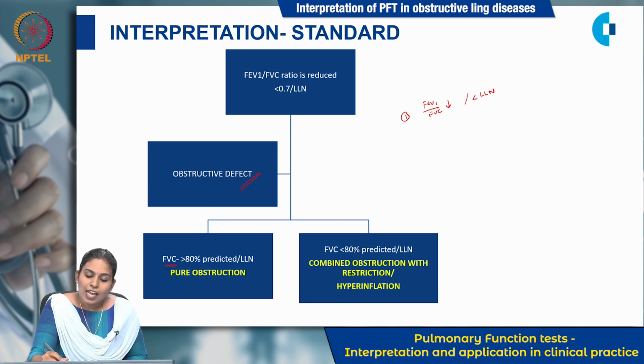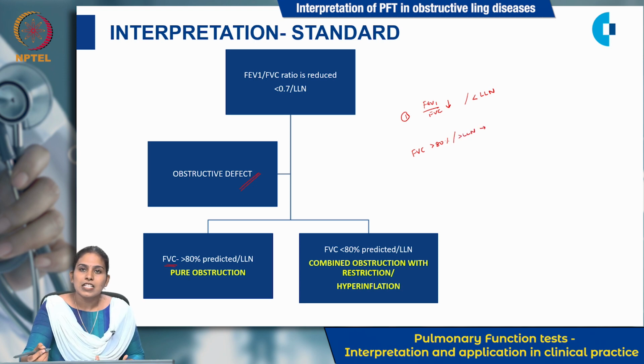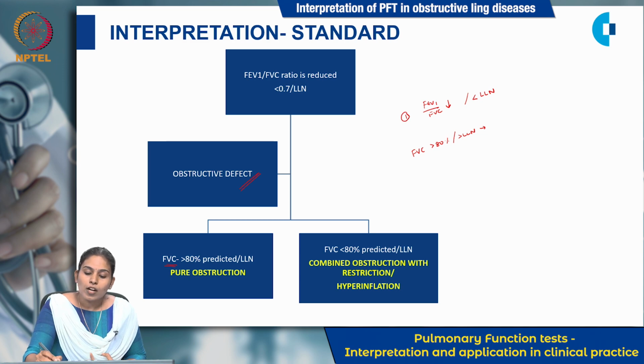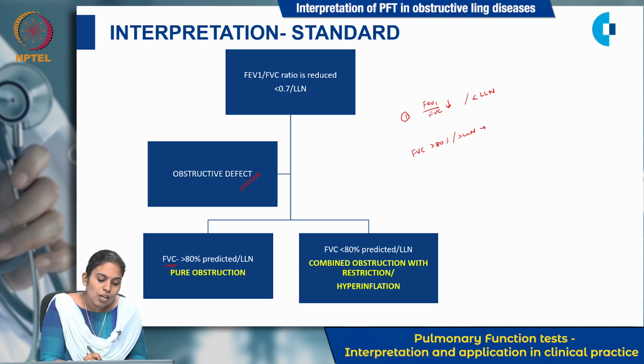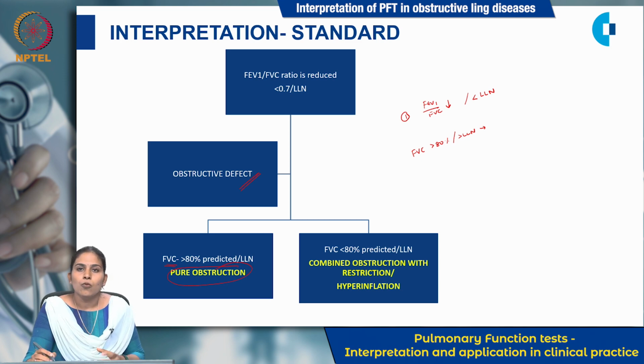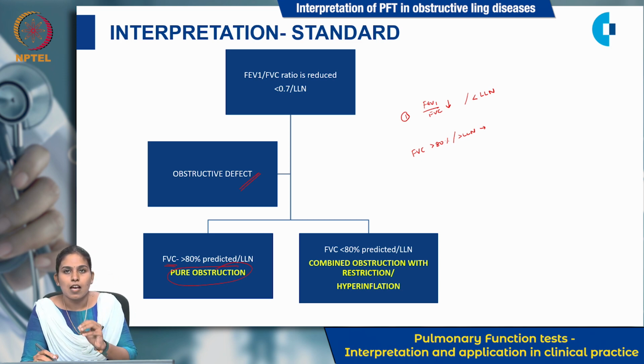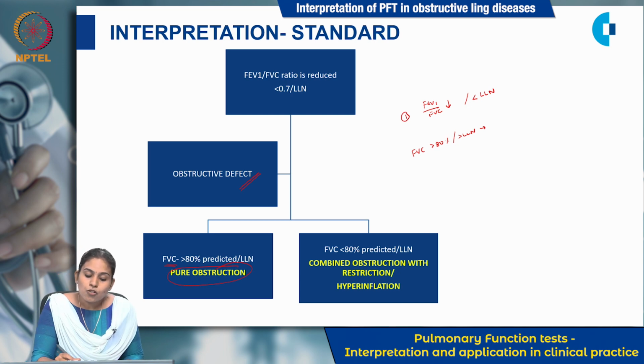If the FVC is above 80% or above your lower limit of normal, in the beginning stages, as I told, your FVC will be preserved. So if the ratio is reduced and the FVC is preserved, then the person is having only pure obstruction. If the FVC is also reduced, then what does it mean?